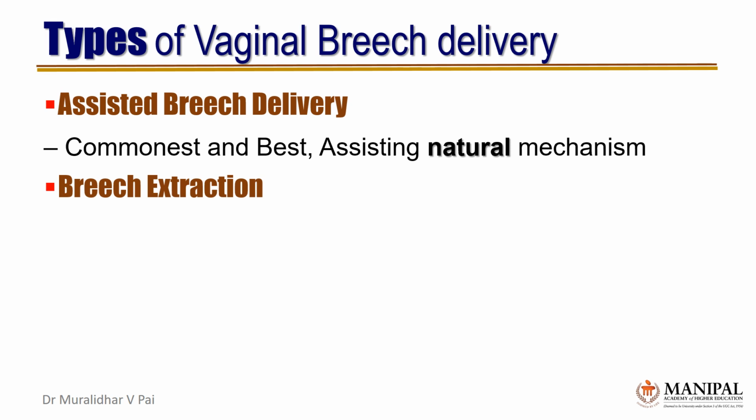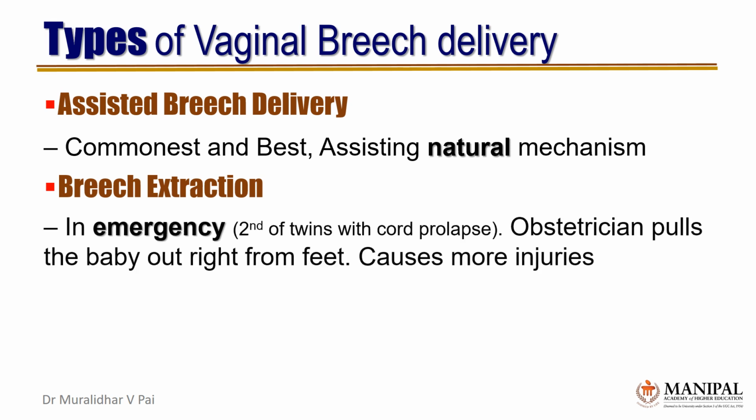Breech extraction is used only in case of emergencies, for example the second of twins, or cord prolapse. Here, the obstetrician pulls the baby right from the feet. Obviously, it's harmful and causes more injuries both to the baby as well as to the mother.